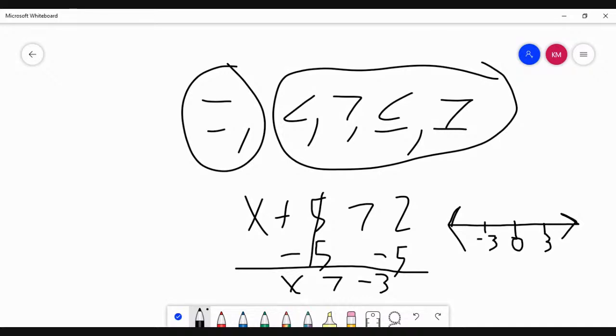And if it's greater than, you have an open circle on the number line, and you shade with the arrow to the left. Well, no, correction. Since x is greater than -3, I'm going to shade to the right. So shading, and draw my arrow. If x was less than -3, we would shade to the left.